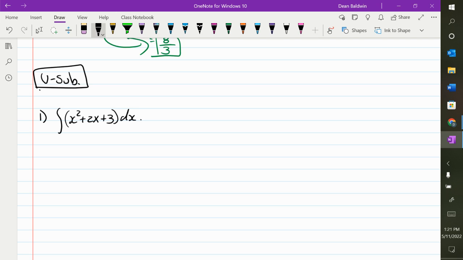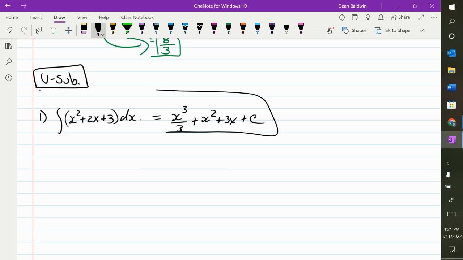You just do your derivative. Yeah, you just integrate it, right? It's not a U sub. If you can just integrate. The only reason you use U substitution is because you can't just integrate. You're trying to change the form, right? So this, you're not even doing anything. You're just doing the power rule. So it's x cubed over 3 plus x squared plus 3x. Tack on a plus c, and you're done. You walk away.